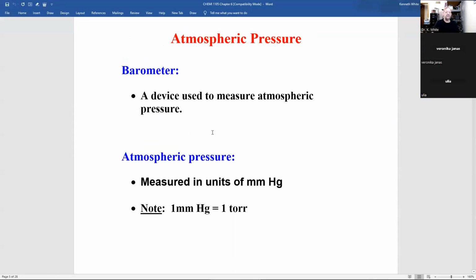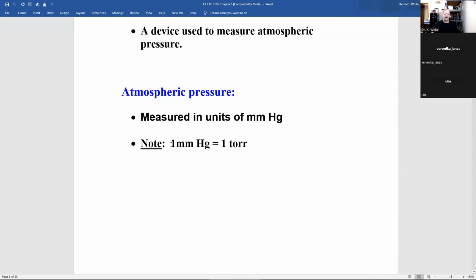So we have this measurement called pressure, millimeters of mercury. And 1 millimeter mercury equals 1 torr. And bear with me because I have to open up something.